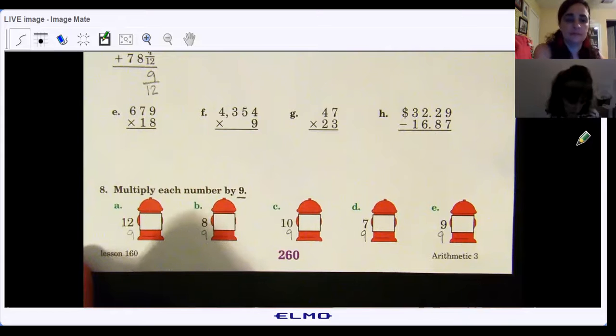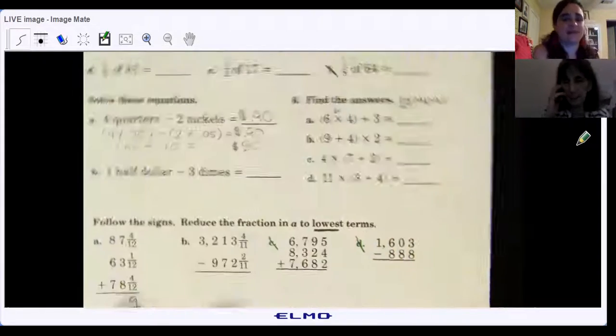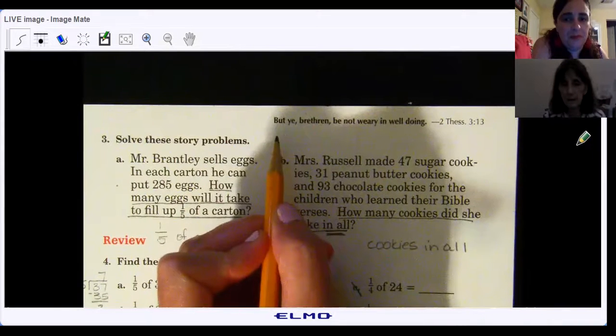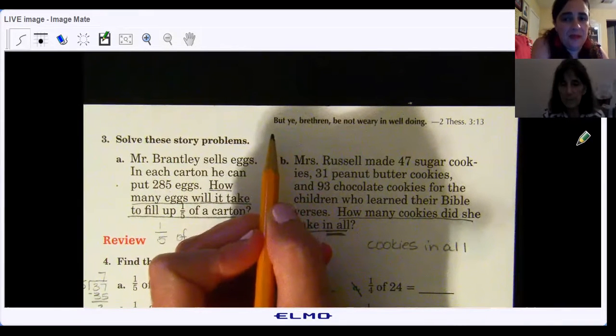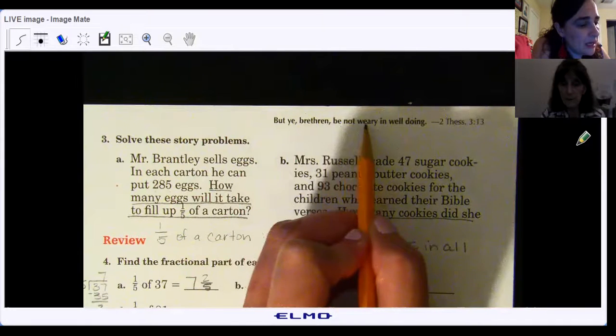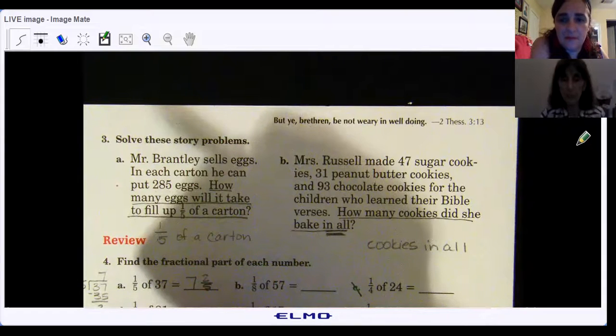Okay, let's see, Mrs. Cervantes, we need a special number. Let's put it in a different place too, right here on the top of the paper. It says, "Be ye brethren, be not weary in well doing." And so don't get tired of doing well for anybody.